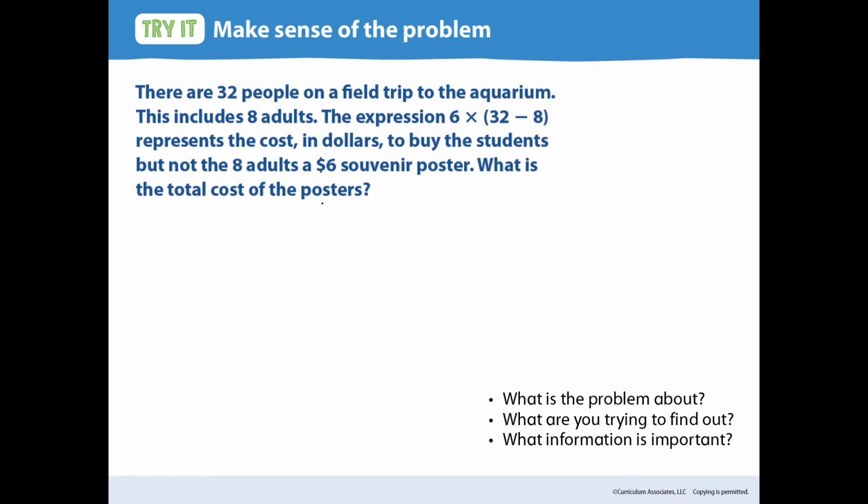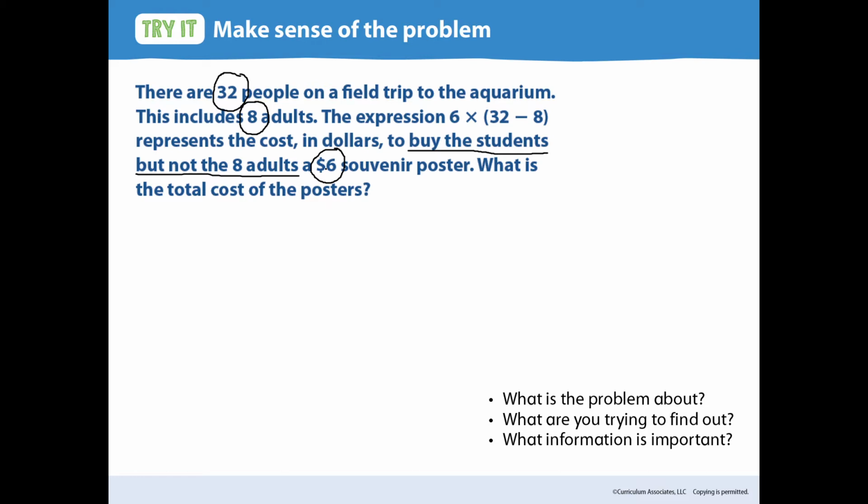Okay, so let's look at our information. There are 32 people, which includes 8 adults, and they are going to buy the students, but not the adults, a $6 souvenir poster.